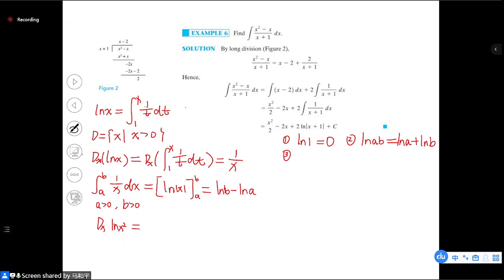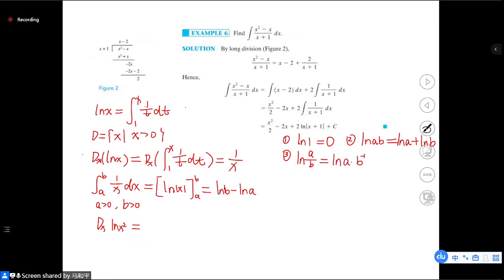And third, we learned ln of A over B is equal to, we can write this as ln of A times B to the power -1, and by the second property we write this as ln A plus ln of B to the power -1.